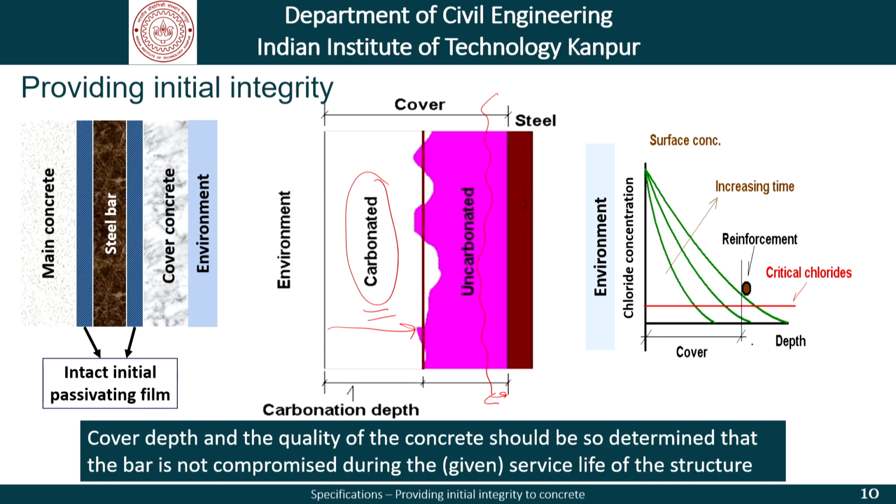And similarly, as far as chloride induced corrosion is concerned, we do not want more than the critical chloride concentration in the neighborhood of the reinforcing bar as shown here. So, the idea is that the cover depth and the quality of concrete should be so determined that the bar is not compromised during the given service life of the structure. That is the thrust of having this point here.